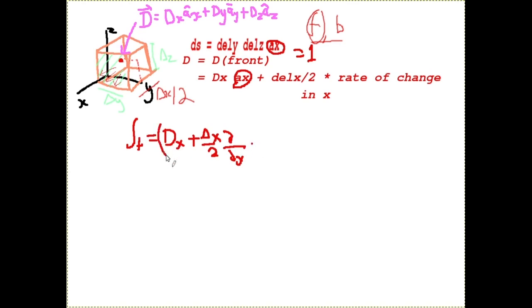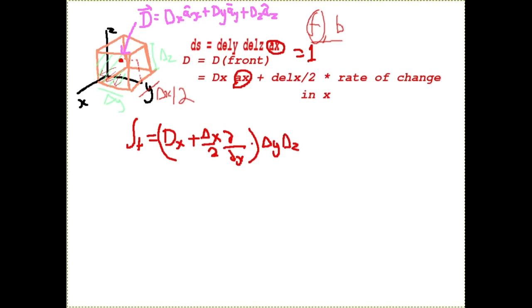This is for the first surface. For this dS, I'll get delta y and delta z. This is for the front surface, which I got from the equation.